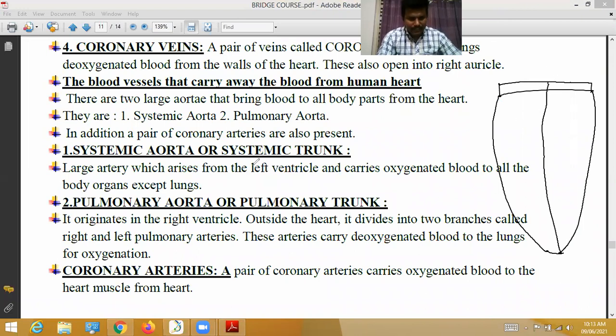Just for understanding, the large artery arises from the left ventricle. It is the right auricle, it is the right ventricle. Everybody knows that. So this is the large systemic aorta or systemic trunk. The large artery which arises from the left ventricle carries oxygenated blood.